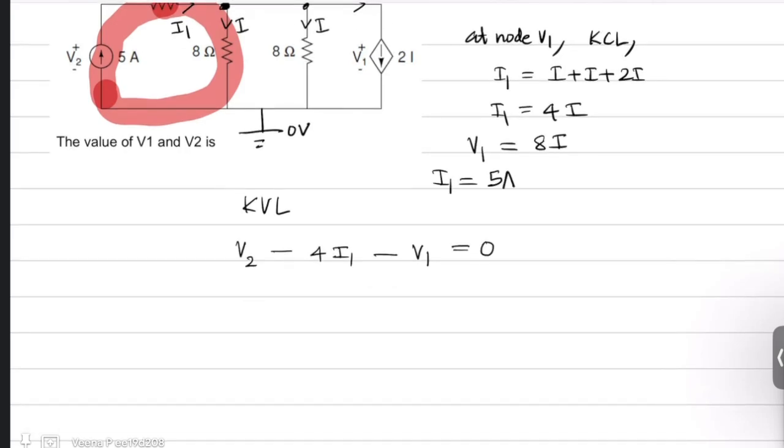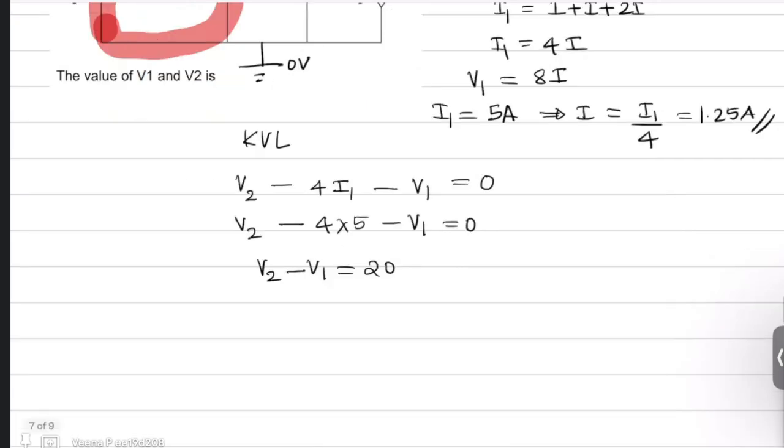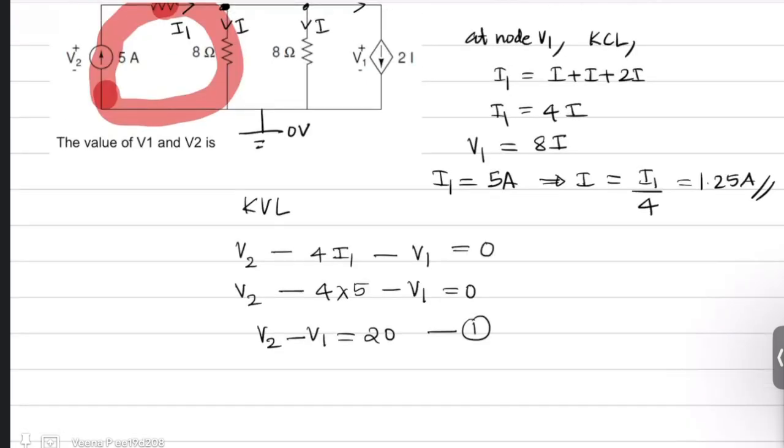I1 is given as 5 ampere in the question, which implies you will get your I as I1 by 4, which is nothing but 5 by 4 or 1.25. So this is V2 minus 4 times I1, I1 is 5, minus V1 is equal to 0, or V2 minus V1 is 4 5s are 20. So this is one equation.